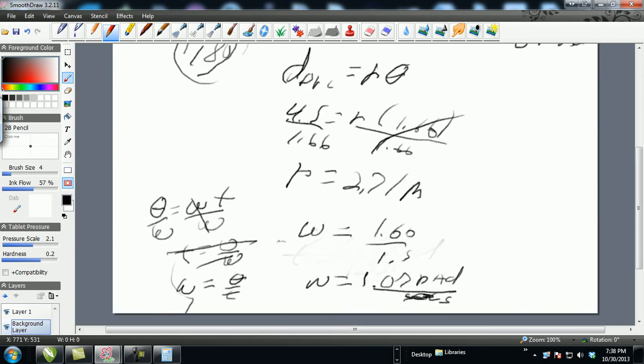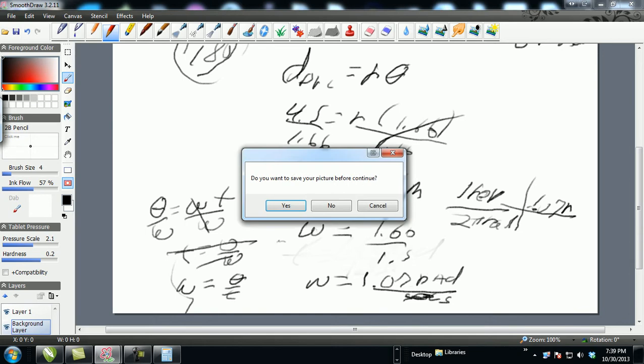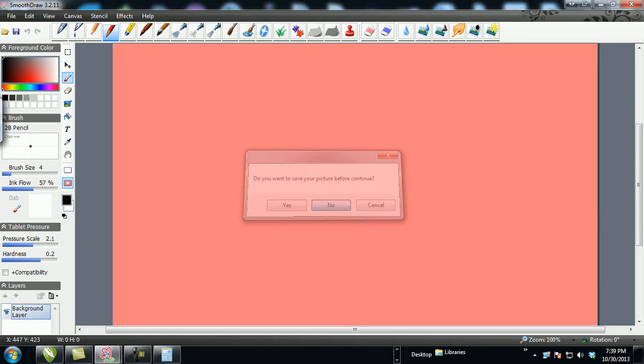Now, the cool thing about this is, you know, one revolution is 2 pi radians. Let's clear this whole screen. Uh-oh, why is that red?